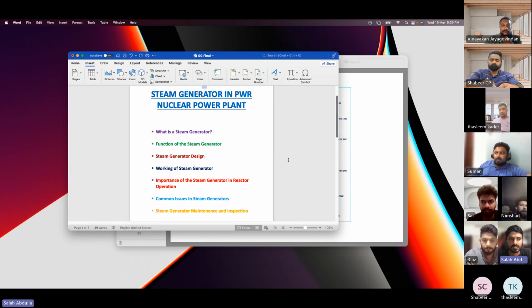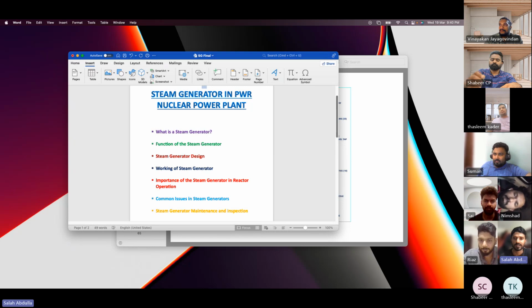And as usual, as with all components, there is periodic replacement. Some plants replace the steam generators after several decades of service. So these are the main general maintenance activities of the steam generator in a power plant.